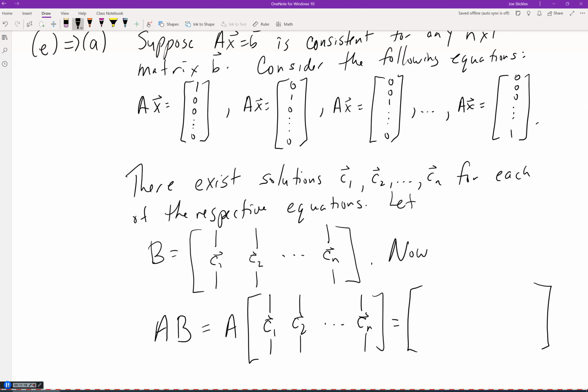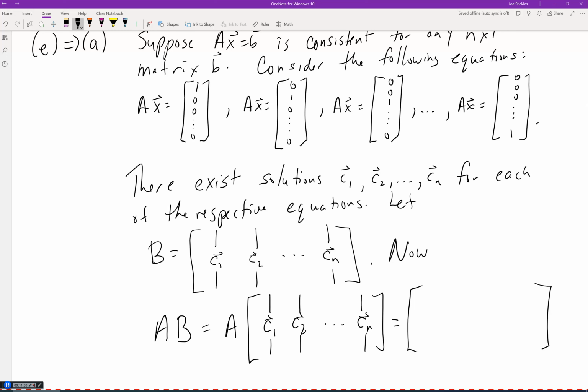let's think about how we can do this product in chunks. I like to think about it in chunks, for lack of a better word. Think about how each of these things would get multiplied. You would take the first row of A and multiply by the first column, and that would go in your first entry here, right? Then you would keep going down that column. You would take the second row of A, match it up with the first column, and put that in the second entry here, and so on down the line.